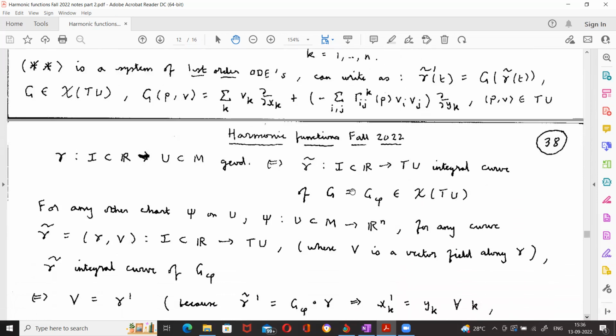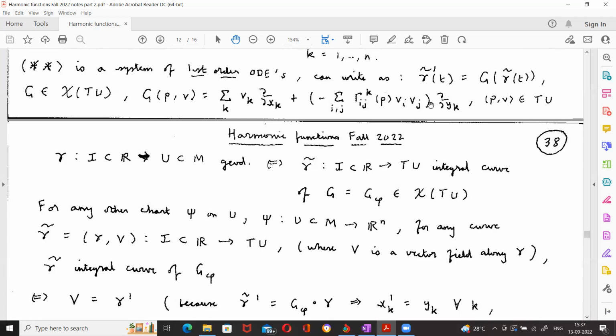So this means that gamma, a curve inside M, is a geodesic if and only if the natural lift gamma tilde is an integral curve of the vector field G. Now, the one thing we have to be careful about is that this vector field G depends, a priori, on the choice of chart, because we're using the Christoffel symbols to define it, and also the coordinates x1 to xn, y1 to yn.